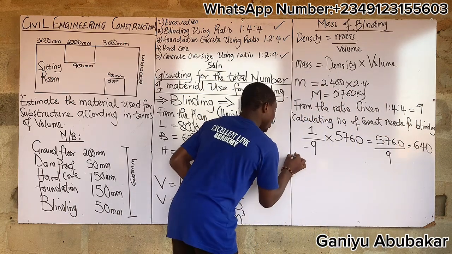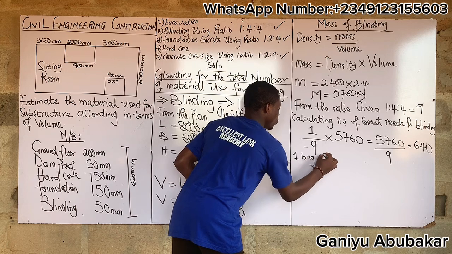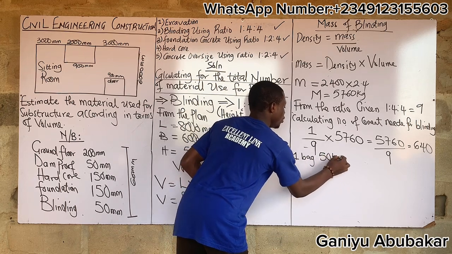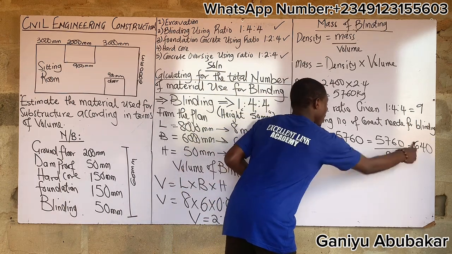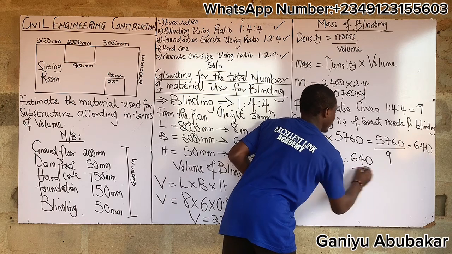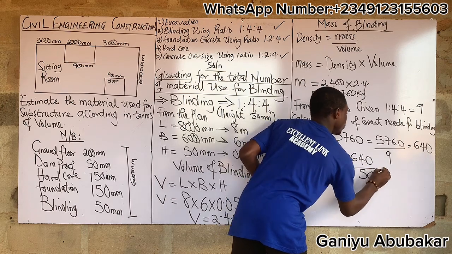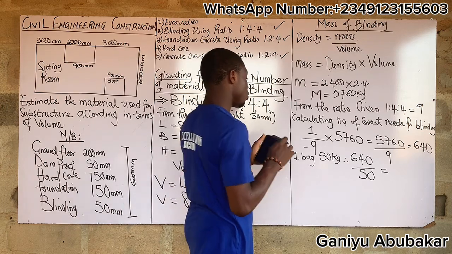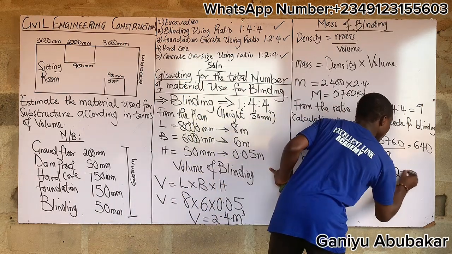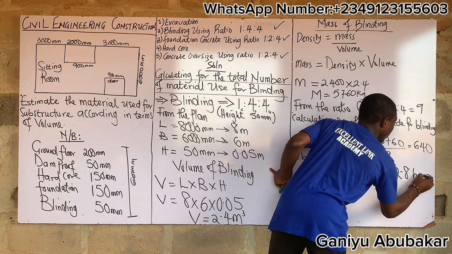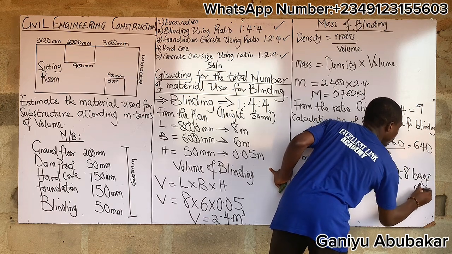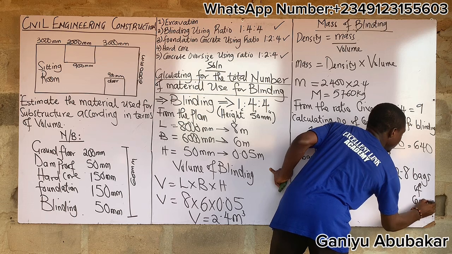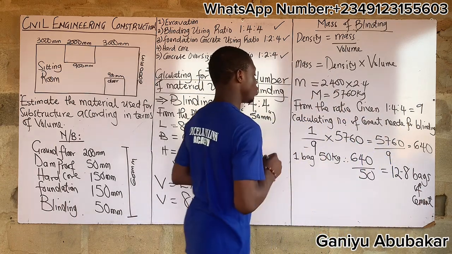Basically, one bag of cement we said is 50 kg. So I should have 640 divided by 50. So I need 12.8 bags of cement for my blinding. So I'm done with the cement for the blinding.